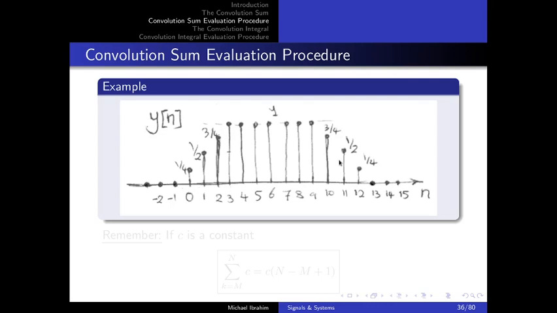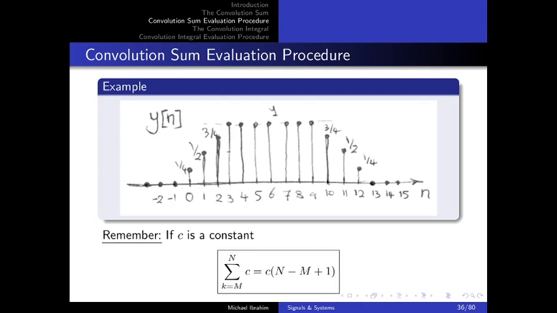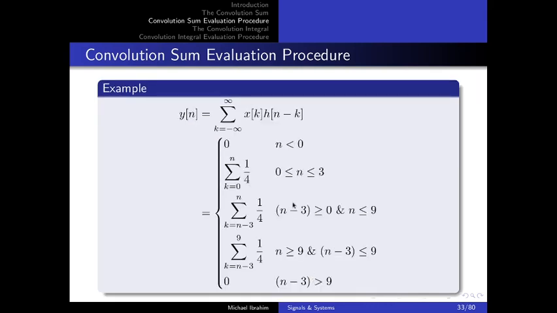It's easy to plot. And in doing so, we have used this summation of a constant going from m to n, which is basically the constant c multiplied by n minus m plus 1. Let's go back over here and see. So summing 1 over 4 from 0 up to n. From 0 to n is n plus 1 samples.